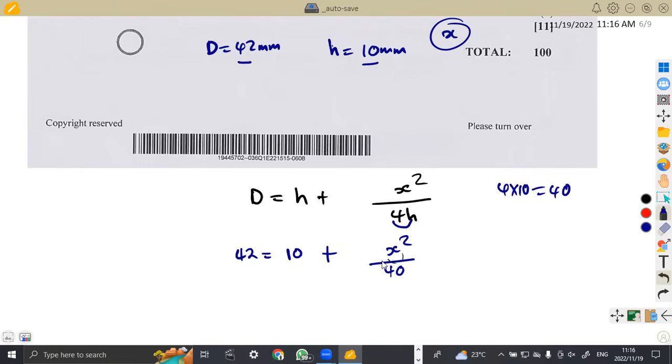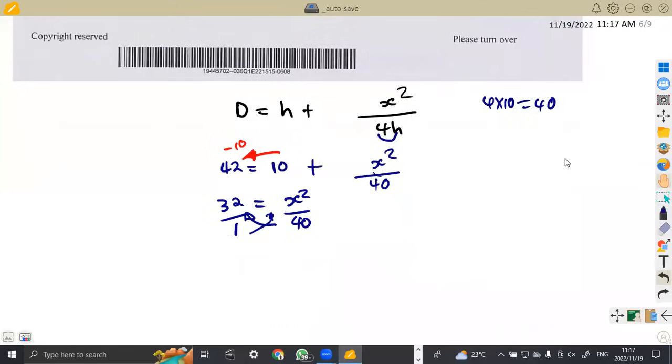Okay, since we want to calculate X, we've got X squared, we can transpose this 10 to the other side of the equation. So it's 42 minus 10, which is 32, equal to X squared over 40. Then we can cross multiply to remove the fractions.